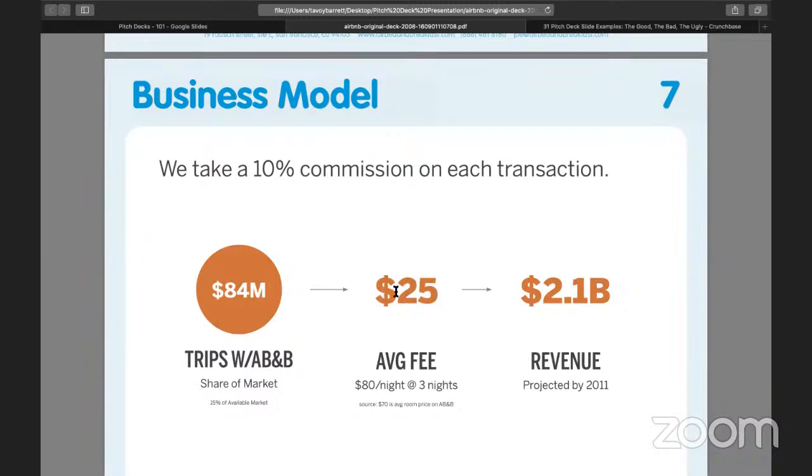And of course, they would have been getting 10% of that 25, which would lead to a revenue of 2.1 billion. So it shows exactly how the company will be making money, and what type of money it looks like. And this is really what investors want to hear, second to how much money you are after.